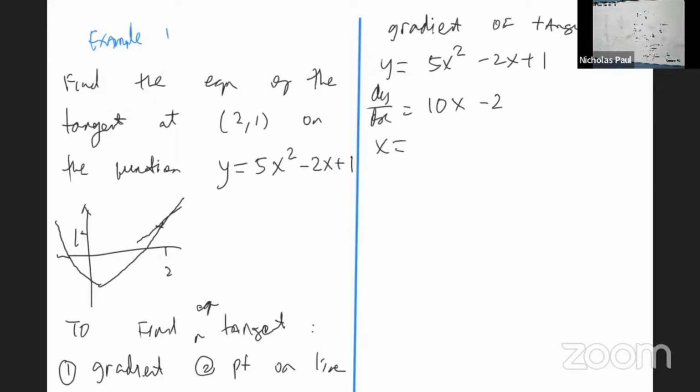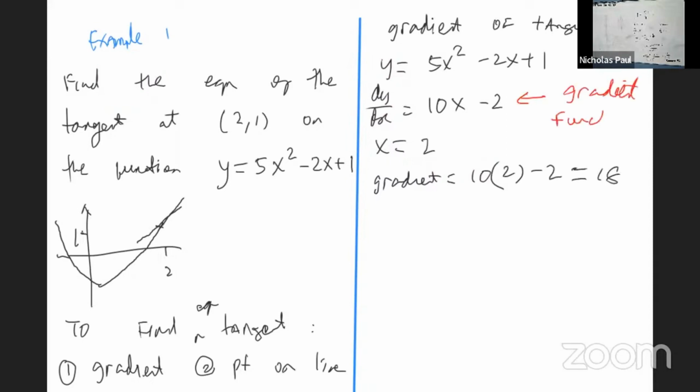X is what? X is 2. So therefore, the gradient will be 10 times 2 minus 2, 20 minus 2 is 18. This function here is called a gradient function. So by just putting your x values in, you'll be able to find the gradient.